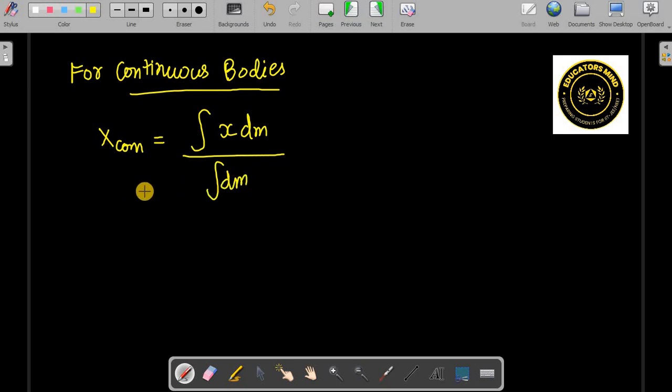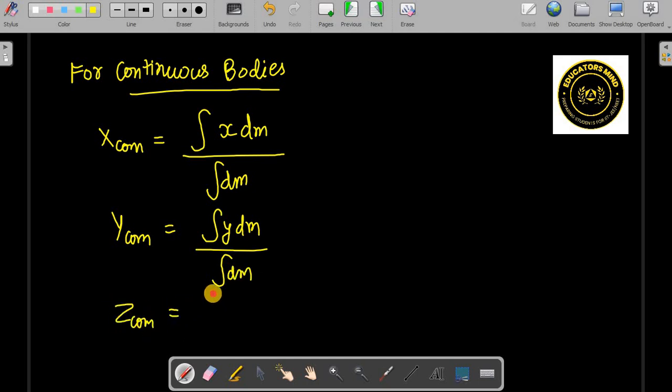Similarly, y center of mass will be calculated as integration of y dm divided by total mass. Similarly, z center of mass can be calculated as integration of z dm by total mass. Like this we can calculate.